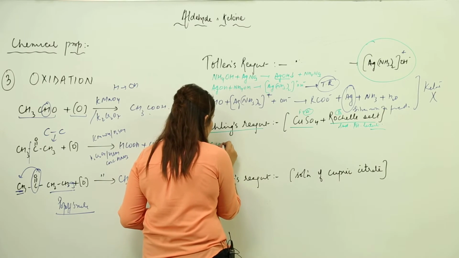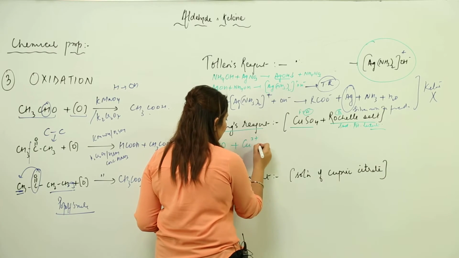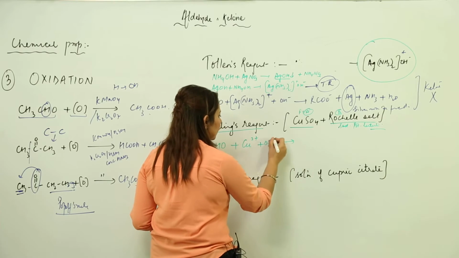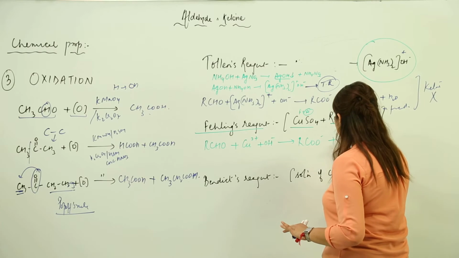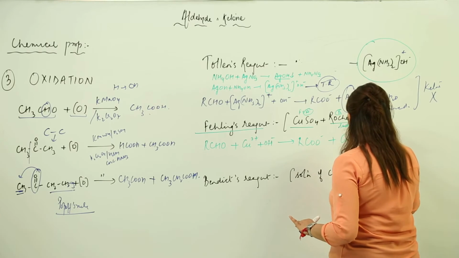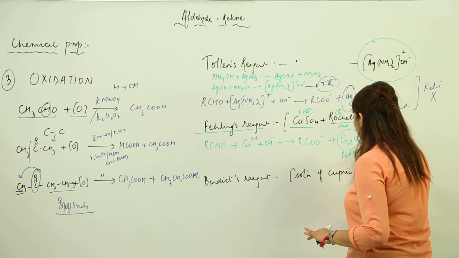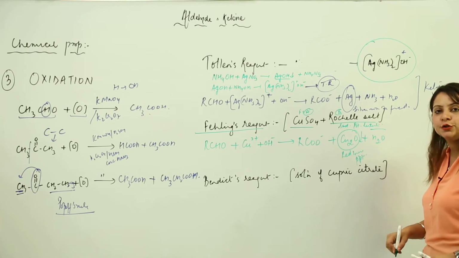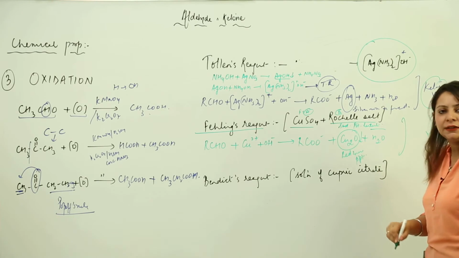Suppose you have an aldehyde and you add Fehling's solution. Let's write the ions which are present in it. They are going to oxidize the aldehyde group to the acid. It will form copper oxide and water. This copper oxide is a reddish brown precipitate. So whenever this reddish brown precipitate is formed, it means oxidation of the aldehyde has taken place, because this is again not shown by ketones.